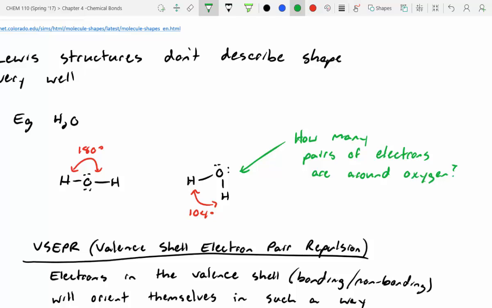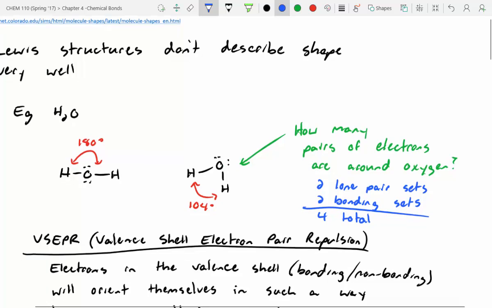We've got 2 sets of lone pair electrons and then 2 sets of bonding. So 2 lone pairs. That means we've got 4 total. That means we're going to be in that tetrahedral subclass for electronic geometry.